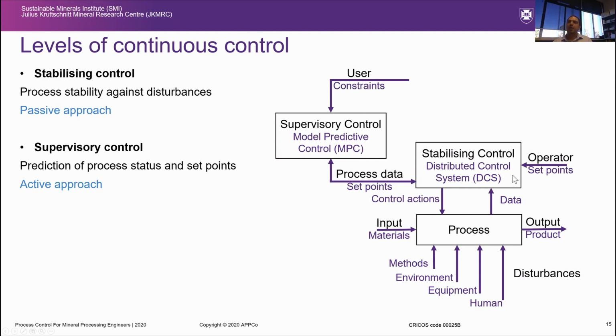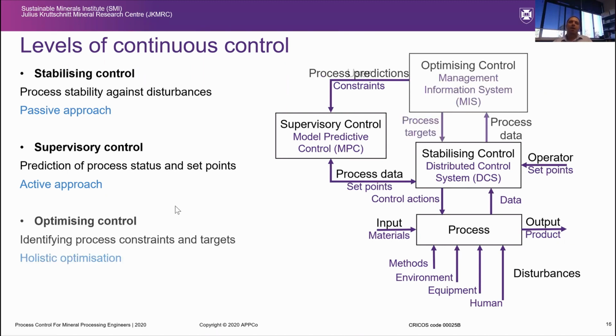So essentially, instead of operators trying to take over for setting up the set points for those control loops, we try to use our models to find what would be the best set point for the process, and we use that, which basically we call supervisory control, and the underlying tool that we use is basically model predictive control.